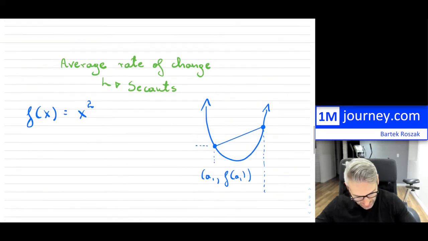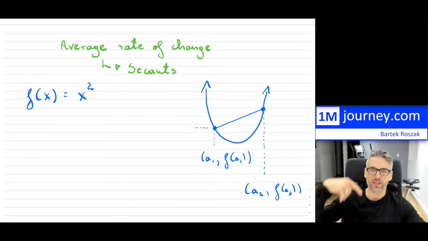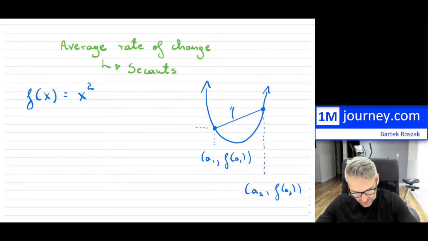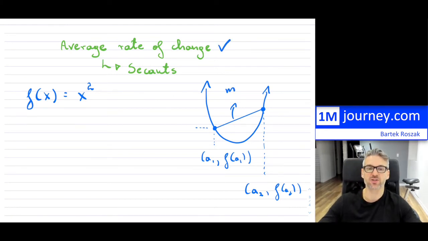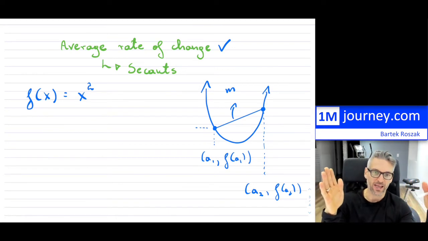So this is nothing else but simply A. Let's say this is A2. And this would have been f at A2. We can find those. Now that we have 2 points, we can go back. We can find the slope of this particular line. And that would have been our average rate of change in that interval between A1 and A2.